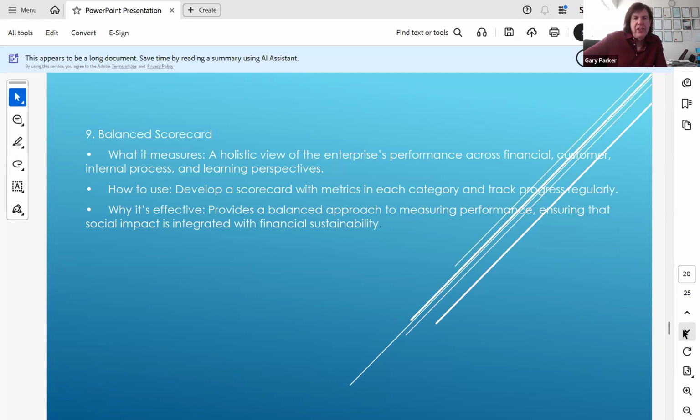Why it's effective: it provides a balanced approach to measuring performance, ensuring that the social impact of your project is integrated with financial sustainability. So, in other words, your financial architecture is resolute enough to deliver and continuously improve on the delivery of your project.